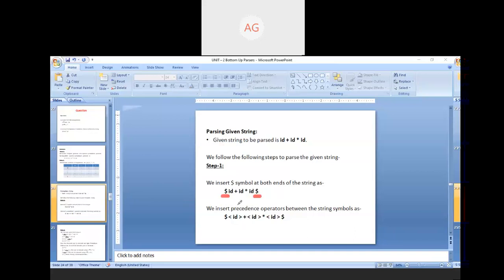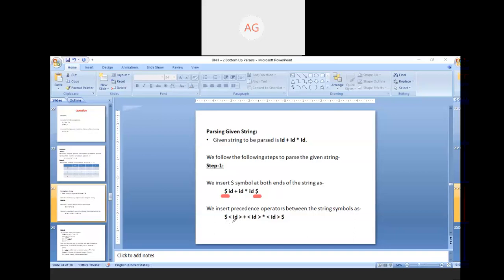And in the next step, we need to put the precedence between these operators. So all of us know that the dollar is having the minimum or the smallest precedence than any of the operators. And id is having the greatest precedence or highest precedence than any of the operators. So in between every operator, we need to put the precedence sign.